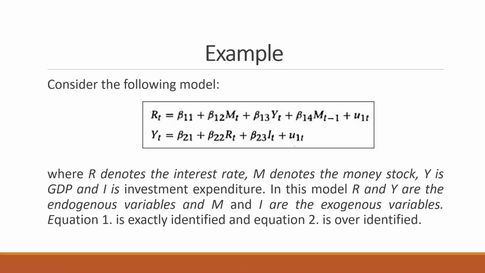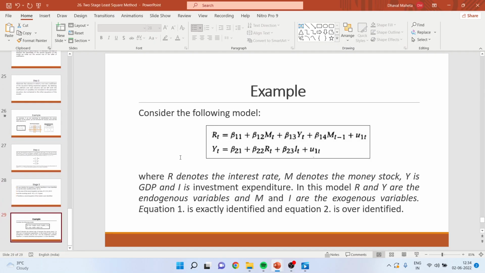In this model, r and y are the endogenous variables, and m and i are the exogenous variables. Equation 1 is exactly identified and equation 2 is over-identified. Now let us see how we can do two-stage least squares in EViews.